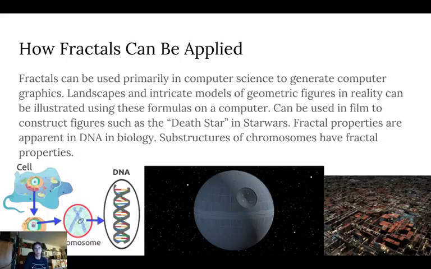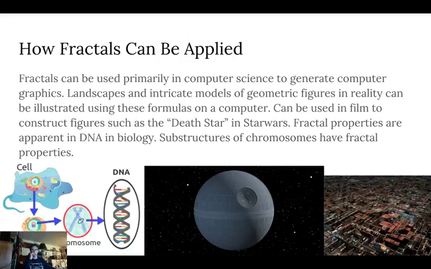Fractals can be used primarily in computer science to generate computer graphics, landscapes, and intricate models of geometric figures in reality, illustrated using these formulas on a computer. So basic CGI can be made through the use of fractals, and iterations can be used to make something seem a certain way. You take a CGI model of a person and use iterations and rational function expressions to make that person multiply and seem infinite.